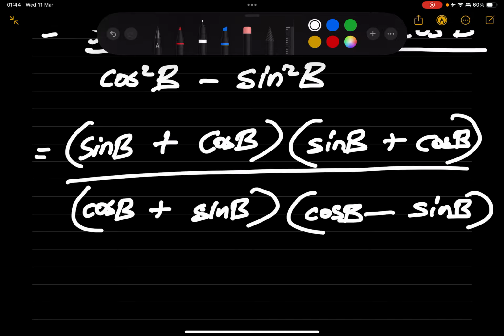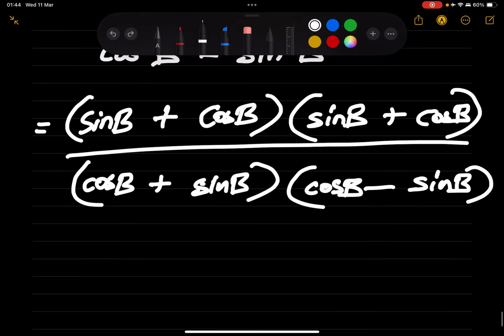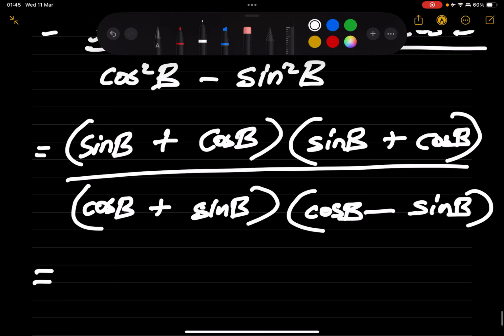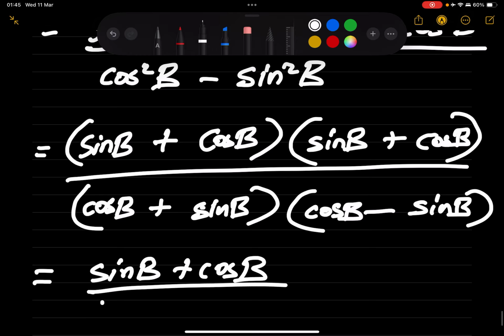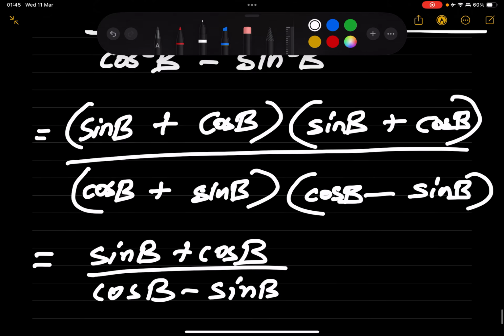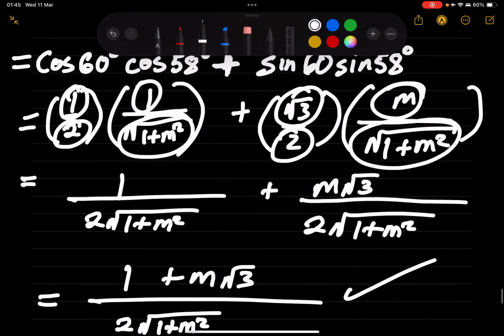The signs must switch. And this bracket will cancel that one. Right? So on top we're left with sine b plus cos b over cos b minus sine b.